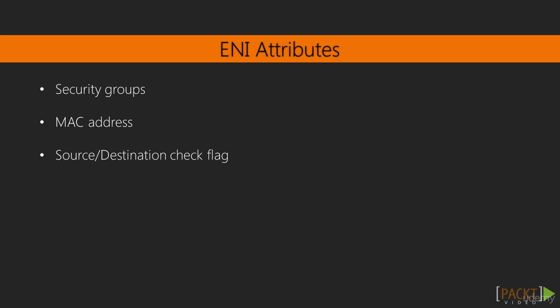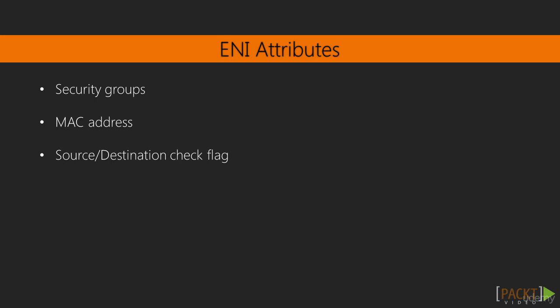If you want to move the application to a different instance, you can move the ENI and that will move the MAC address. Finally, ENIs have an attribute known as the source destination check flag. Enabled by default, this blocks network traffic that isn't destined for your instance. You can disable this check if you want your instance to do network address translation, routing, or to serve as a firewall.